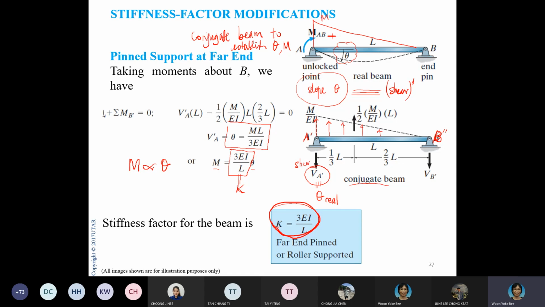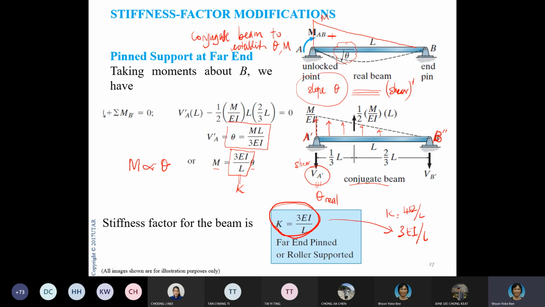This is the K for far end pin. That's why earlier on, we were using either 4EI over L or 3EI over L. This was the modified one.